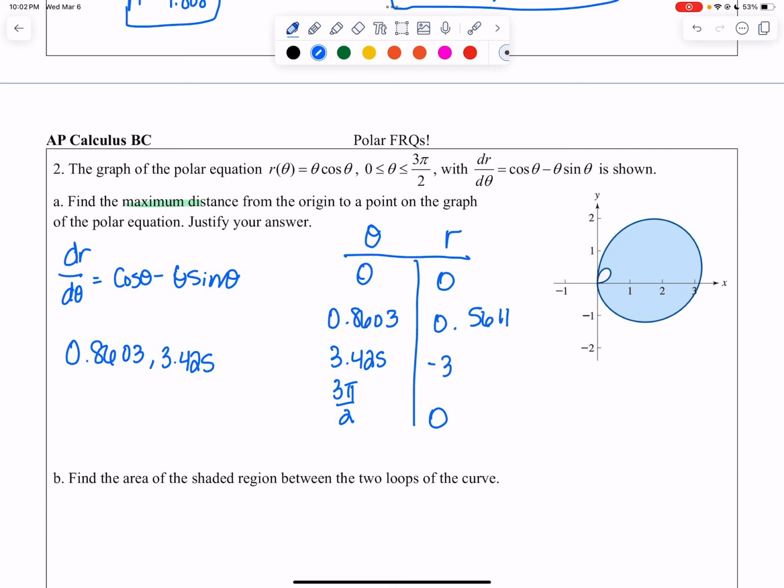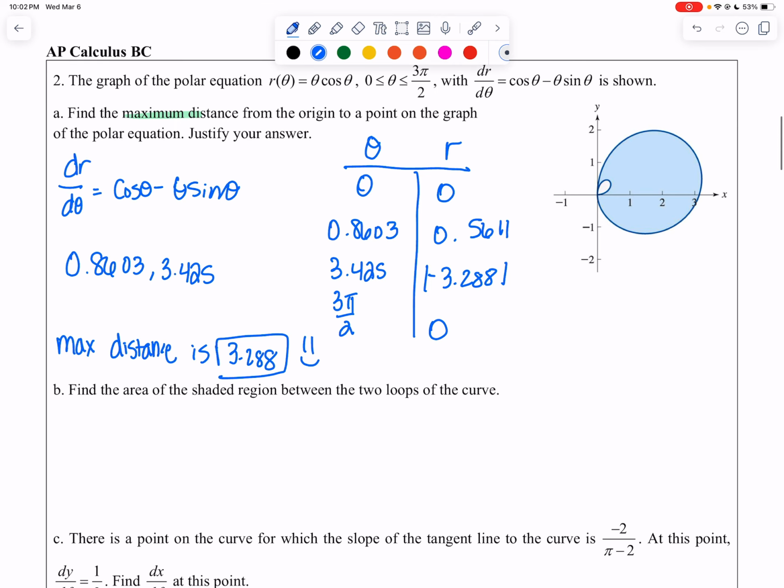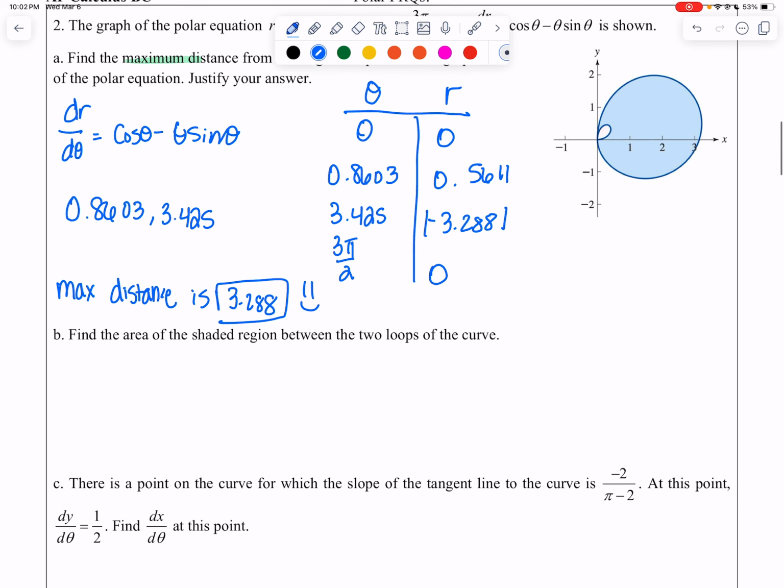And then that right there. So then this tells me that my maximum distance is 3.288. Good old absolute max. Lots of fun.